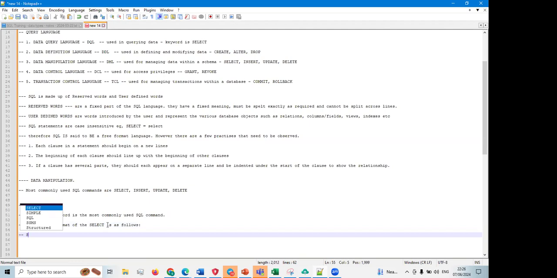Your query would always start with the word select. Now, when you say select, you need to specify, like I said earlier on, what it is that you want to select. You either want to select everything, or you want to select certain things.